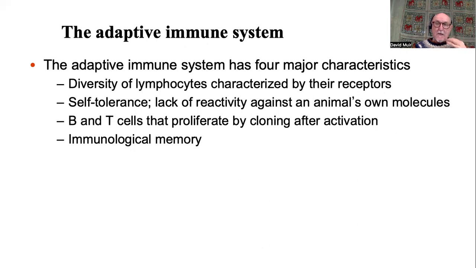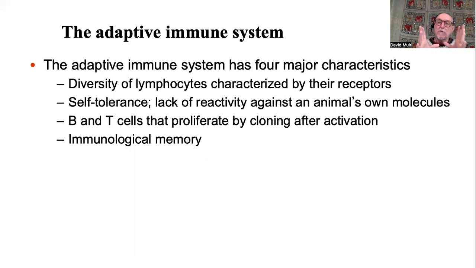The third thing that is key to the functioning of the adaptive immune system is, I've said here there's a huge diversity of lymphocytes, but there may be very, very few of them. There may only be one or two that respond to a particular epitope at any one time. But if one of them sees that epitope and is stimulated by its presence, then they begin to frantically clone themselves.